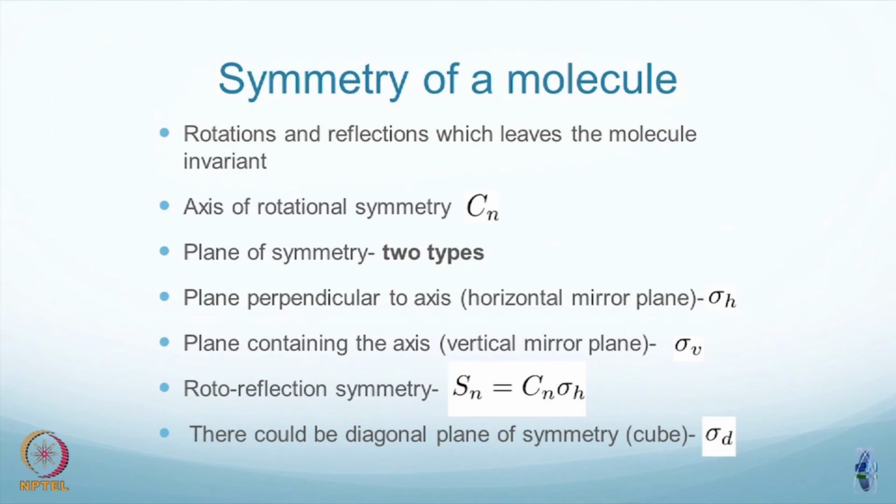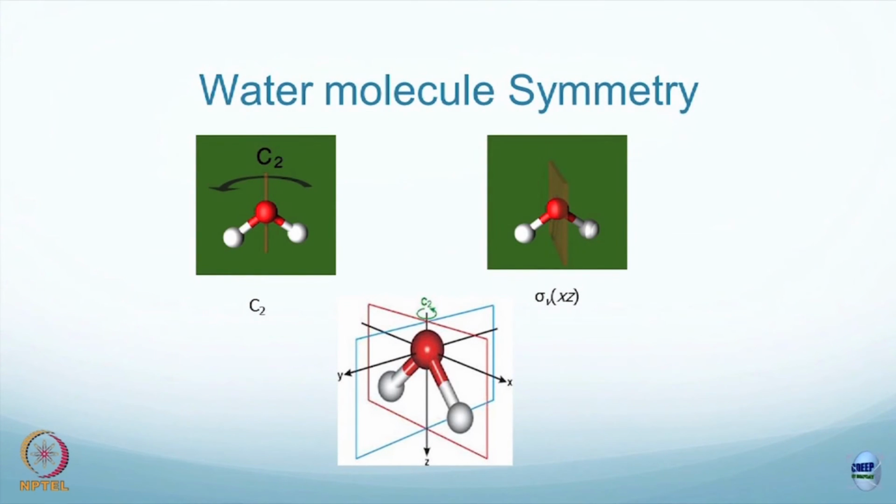Okay. So, we will go through these things systematically in the next 2 lectures, and suppose you take a cube, you can also put mirrors along the diagonal. Okay. So, there could be some additional planes of symmetry which are diagonal planes. So, we will come to some of these points in symmetry.